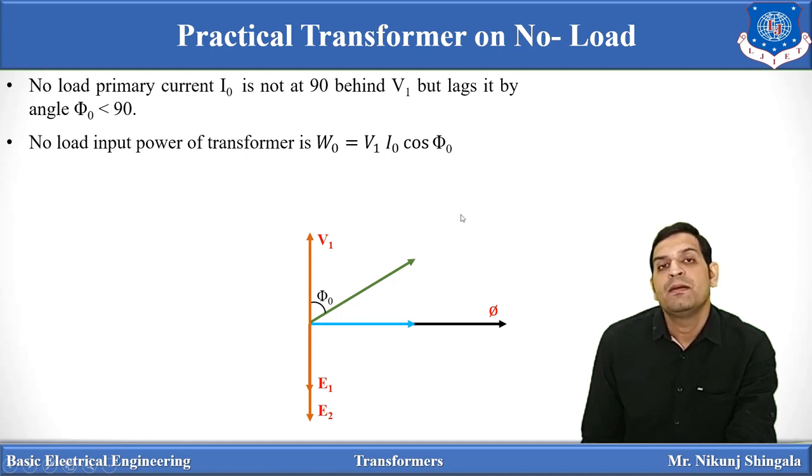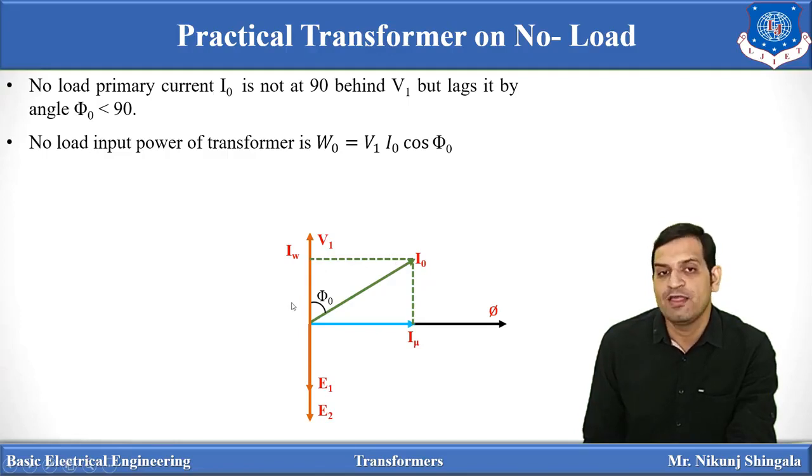Here the primary current is not made up of only the magnetization current, but consists of another component, IW. So I0, the no-load primary current, is the phasor sum of IW and I mu, and the angle between the no-load primary current and V1 is not 90 degrees but phi 0.